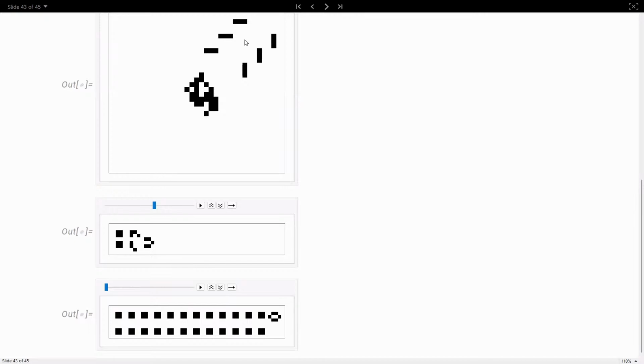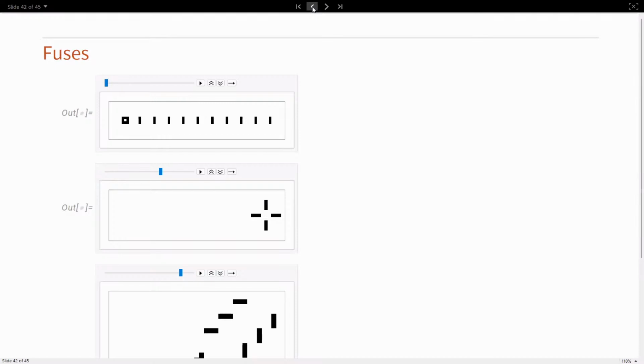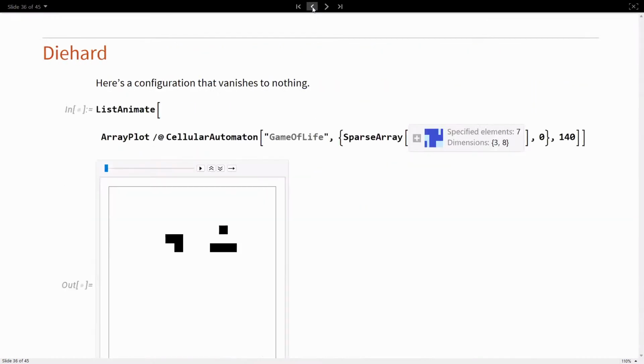And that leads up to my first unsolved question. There's a lot of research done on whether fuses can be bent, and so far they haven't found good examples of bending fuses. I've shown a lot of oscillators, a lot of conduits, and an open question is for that grid I showed earlier, is it possible to fill in? Let me show that grid again.